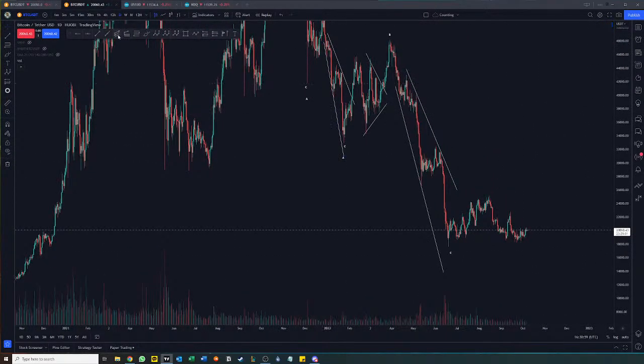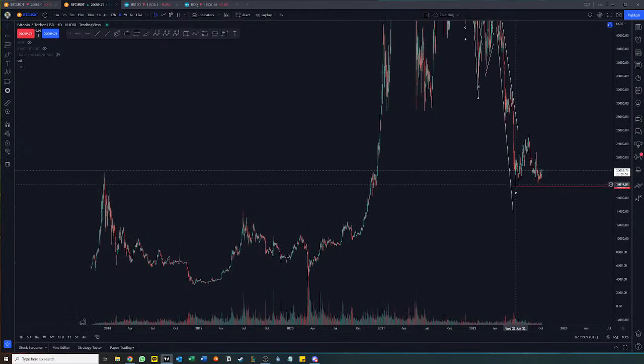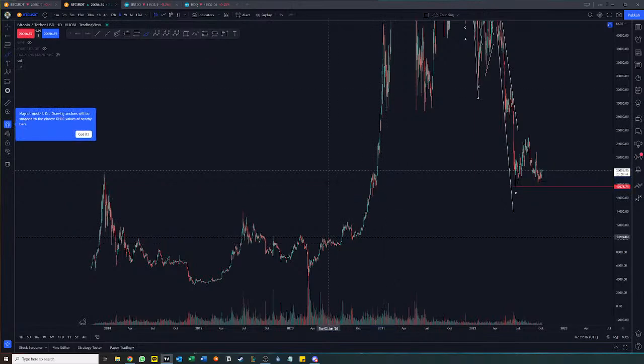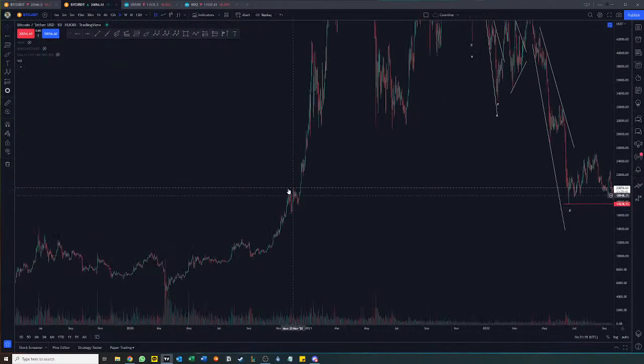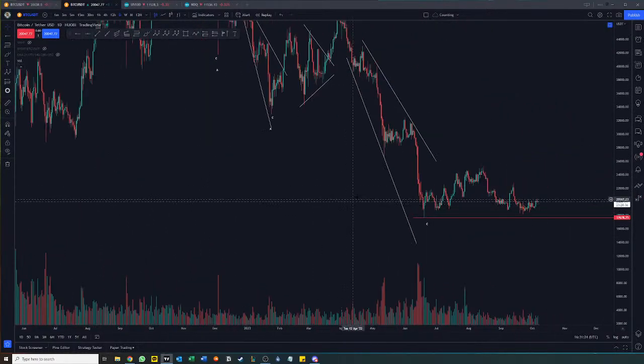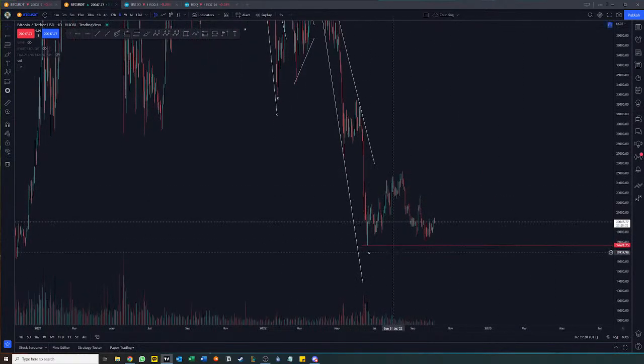So I believe that it would hold this part, and this is actually where the previous 2017 top was, and there's also this little order block, I guess. No, they call it something else than the order block, but I can't remember. Anyways, I think this is our bottom.